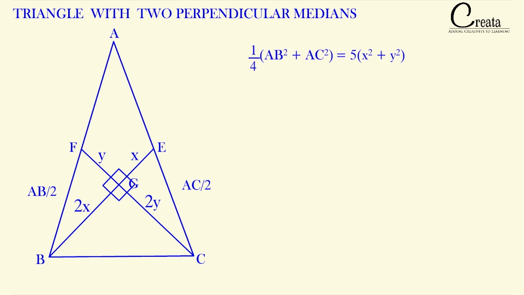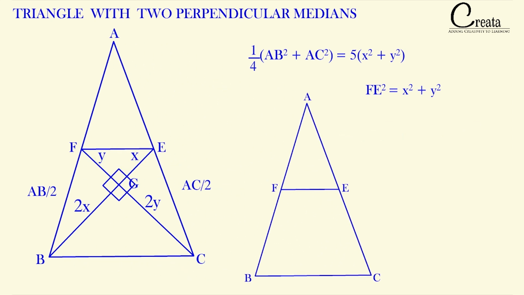For that, let's take the triangle FGE. This small triangle we have taken is also a right angle triangle with angle G as 90 degree. Let's apply the Pythagoras in this triangle. We got FE square is equal to X square plus Y square. Further, if we take the triangle ABC and the line segment FE, are you able to correlate this figure with our figure of midpoint theorem?